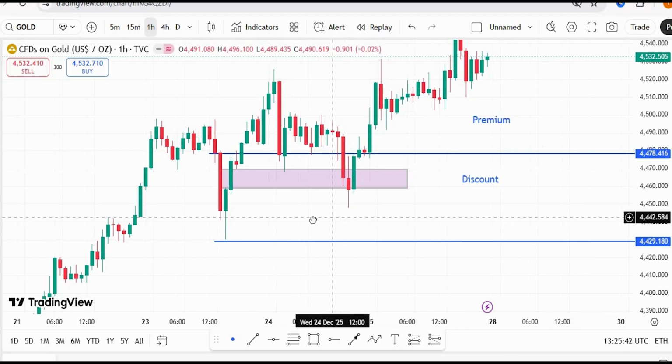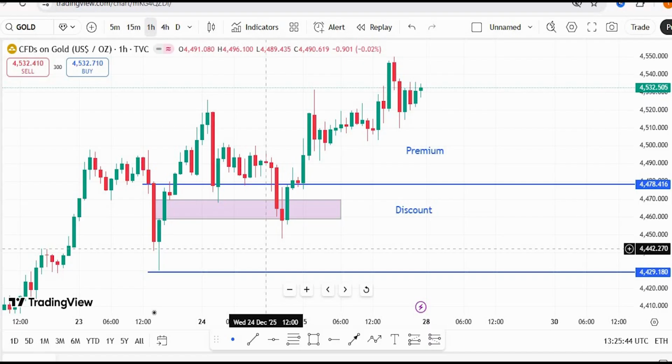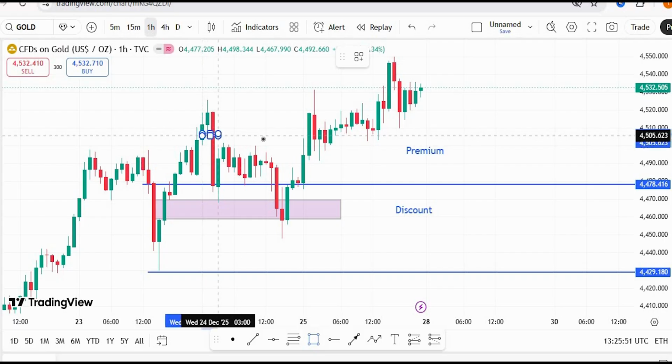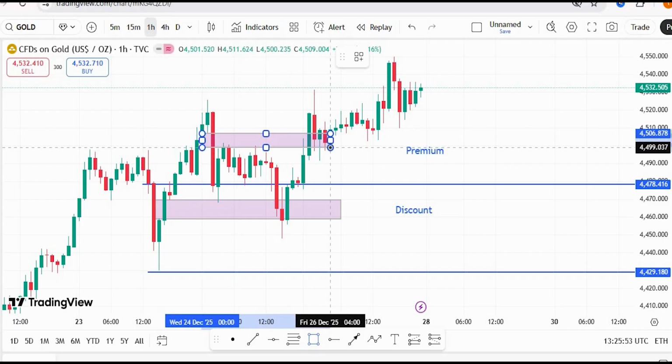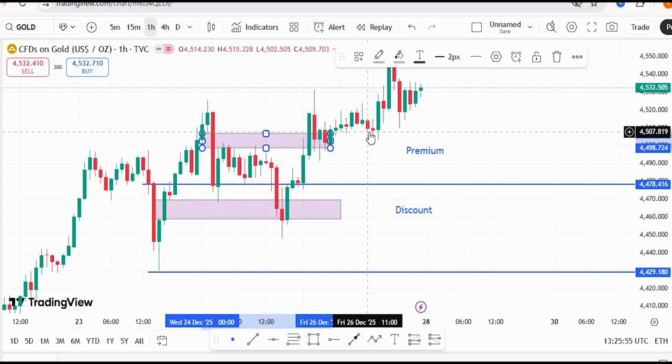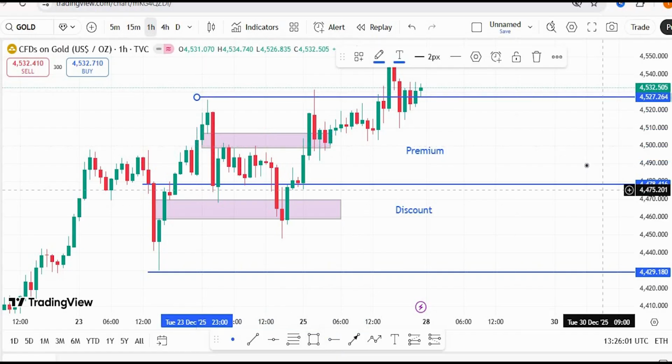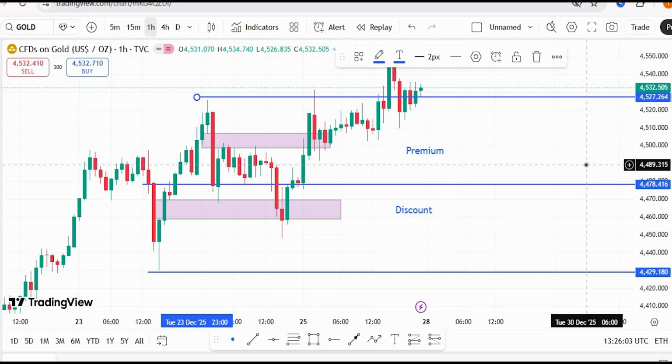And we can see this was the first fair value gap. It could have been our first target, and our second target could have been above the high. So that's how we will trade fair value gaps in the trending conditions, it was the example of the uptrend.